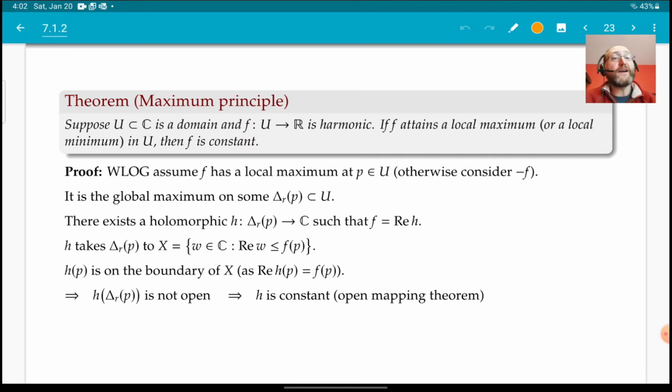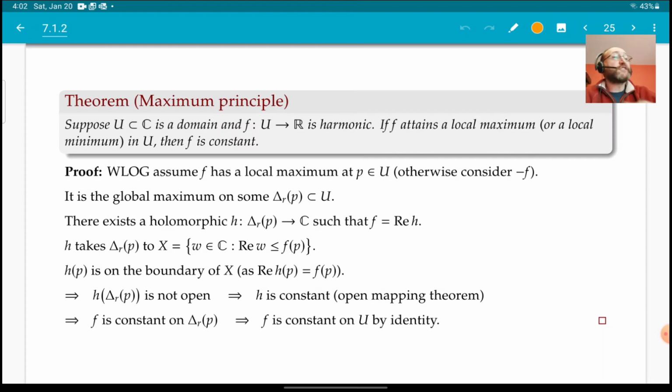This disk is a domain, and the only way for the image of H to not be open is for H to be constant. So if H is constant, f is constant on this disk, and that means that f is constant on U by the identity theorem, right?